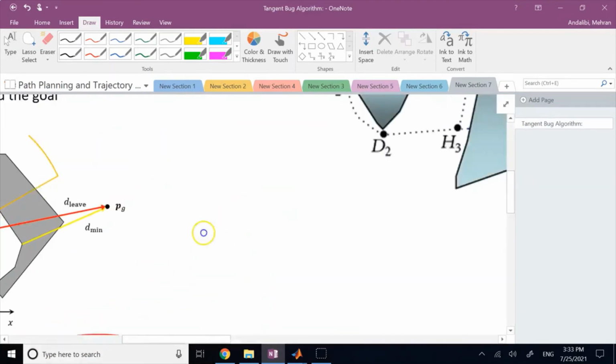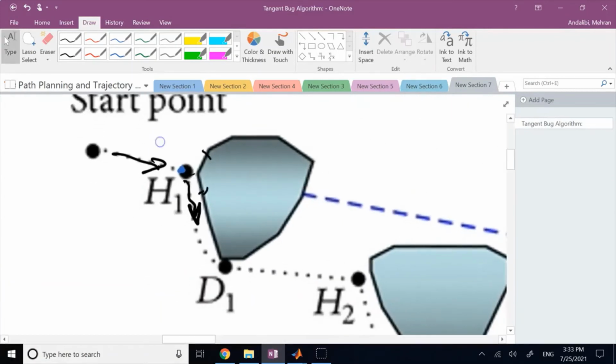So when you are here, let's say, for example, you are somewhere in the mid road. Again, you have that circle around you. And again, you have your LiDAR. And again, you have the endpoints. So you need to calculate the location of the endpoints all the time.